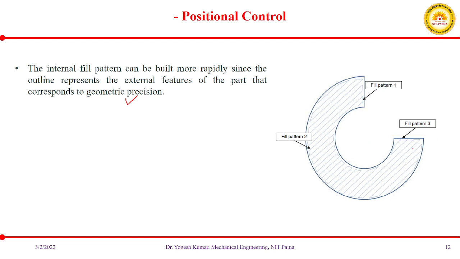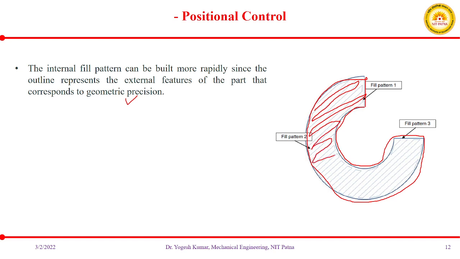Here you can see when you are printing these outer, external features, for printing this we need to print at a very precise speed. But for printing the internal fill pattern, suppose you are filling here, you can move rapidly.